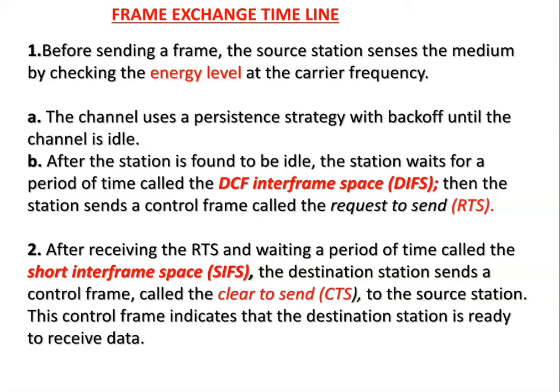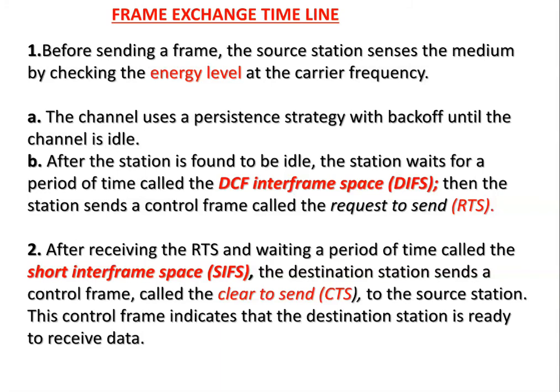The channel uses a persistence strategy until the channel is idle. Once the station finds the channel to be idle, it waits for the DCF interframe space, that is DIFS, and then the station sends a control frame called request to send, that is RTS.